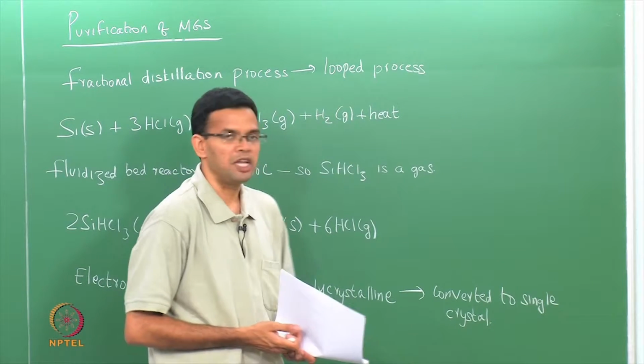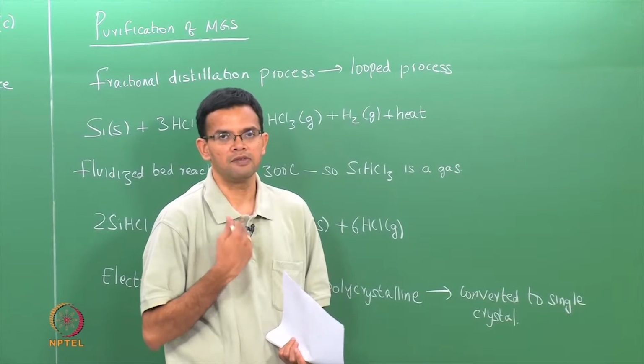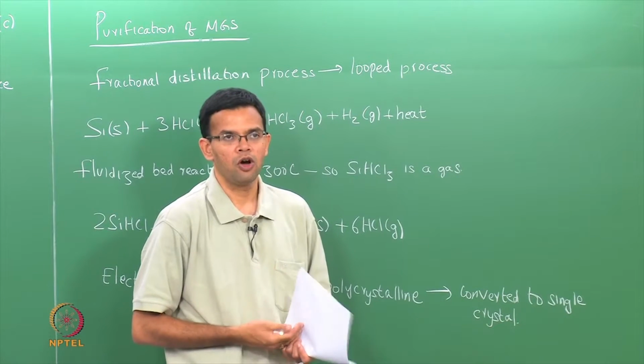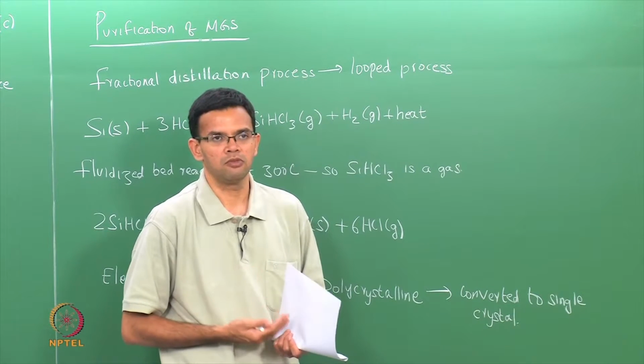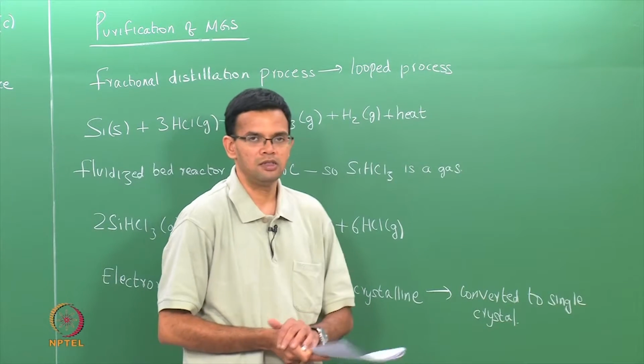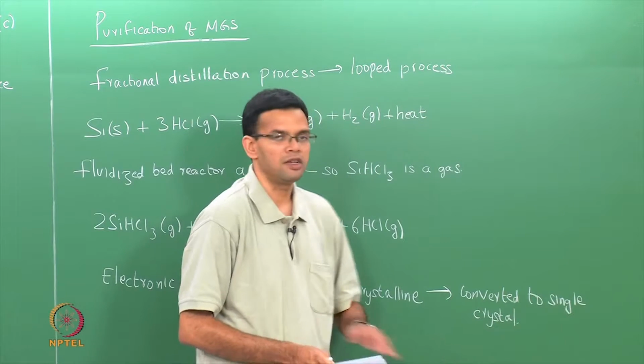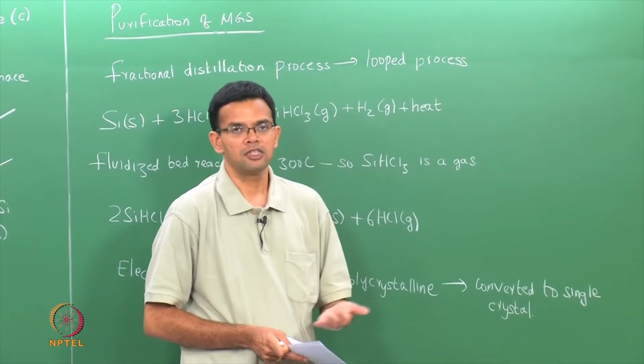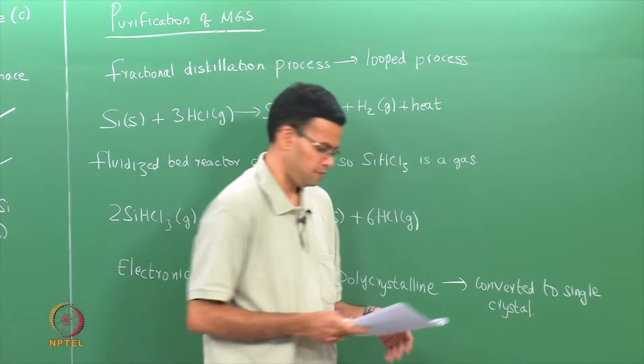So, remember at the beginning of the class we said you either have silicon 100 or 111. So, these are the ones most commonly used. So, we need to convert this polycrystalline silicon into single crystal. So, we next look at how we do that.